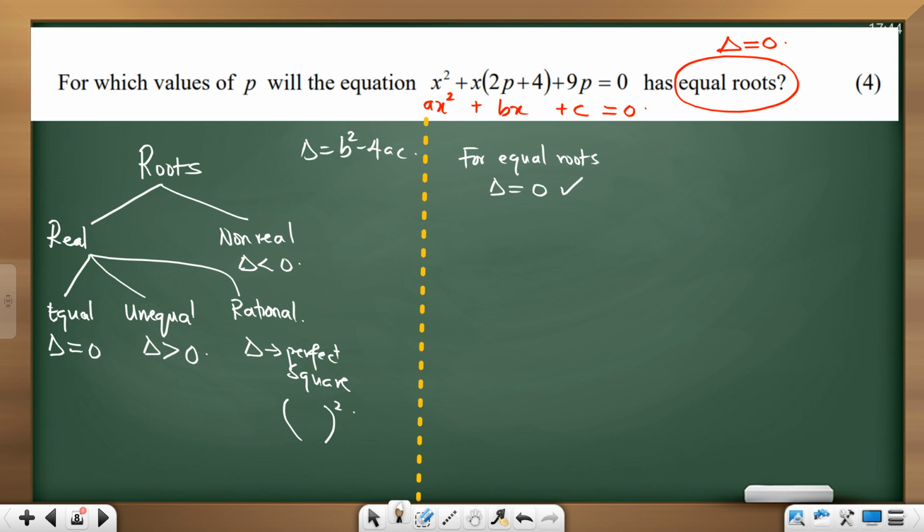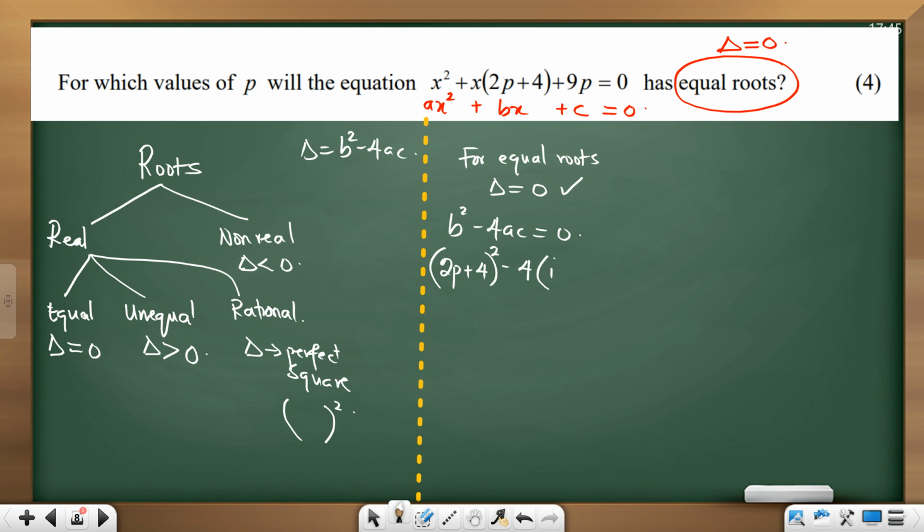For just mentioning that. What's our discriminant? B squared minus 4ac. Now, what is your b? B is the coefficient of x. Do you see that? Bx. It's just me putting that x at the back there. So what is my b? 2p plus 4, all squared, minus 4.